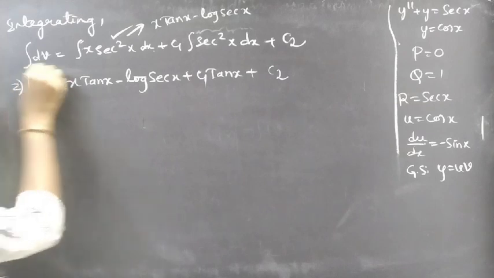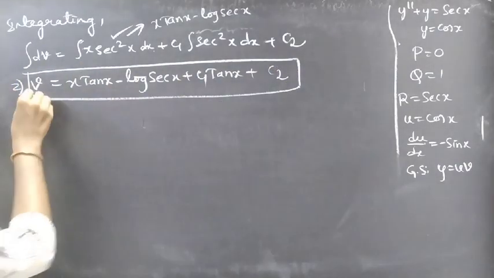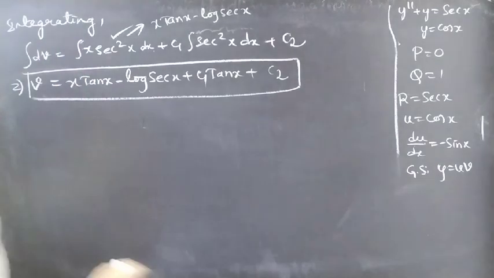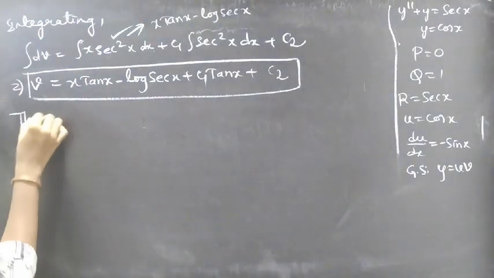We got v and already we have u, which is cos x. Let's now find the general solution.